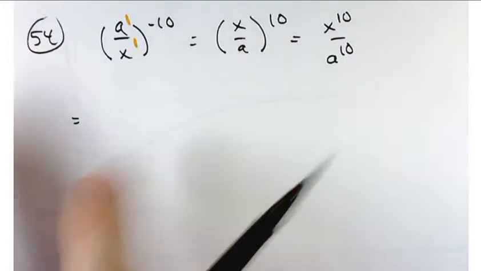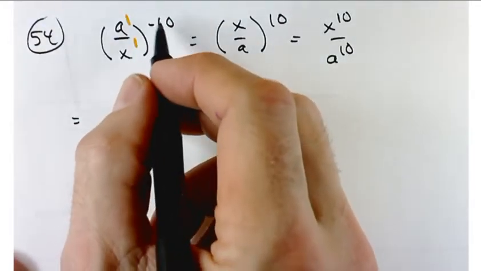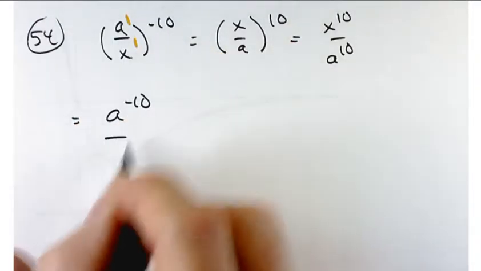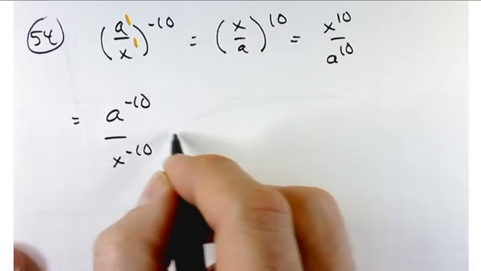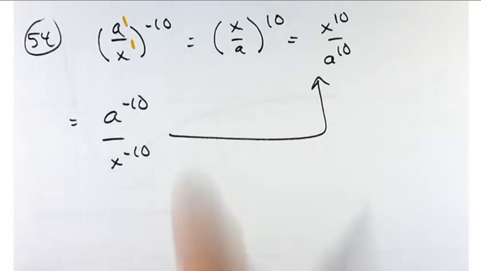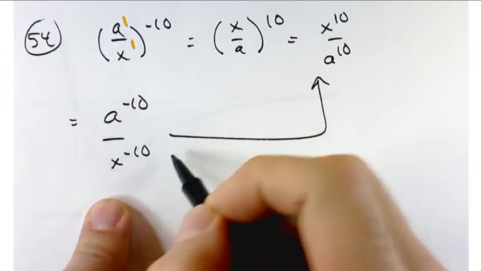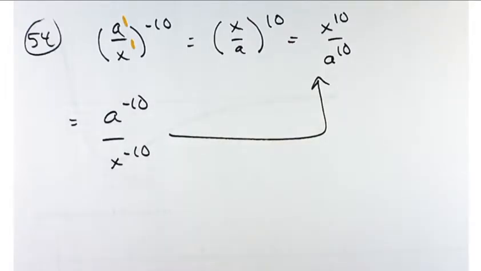So if I remove the parentheses, then I'll get negative 10 times 1 is a to the negative 10th over x to the negative 10th. And from there, we can use our trick from the last two problems. Just switch them, right? This goes up to the numerator, positive exponent. This comes down to the denominator, positive exponent. So different way to work it. Pick a way that you're comfortable with.